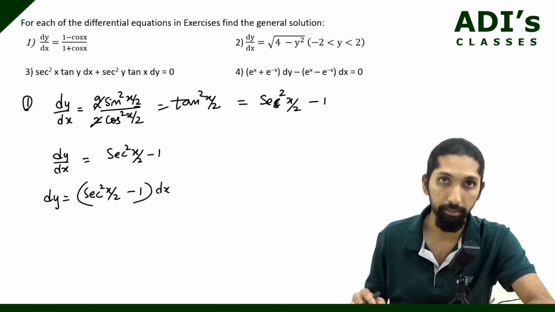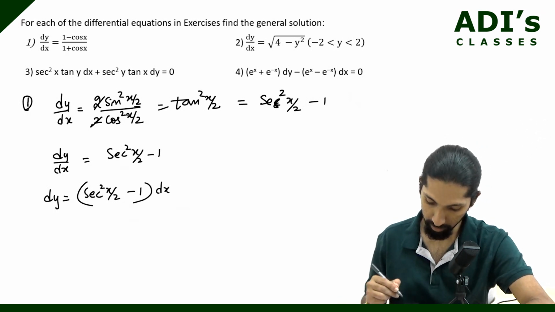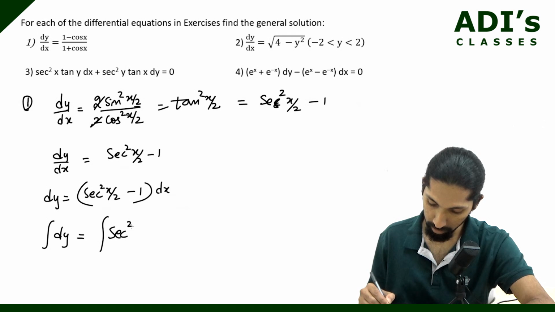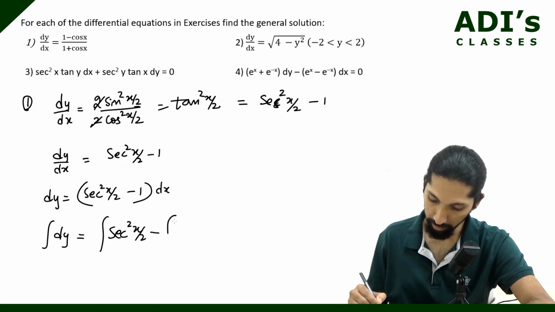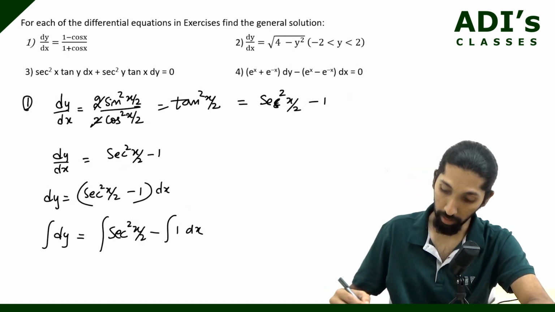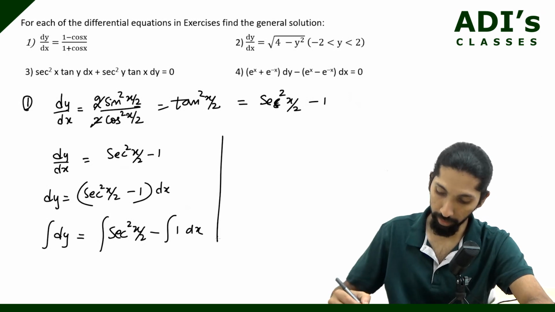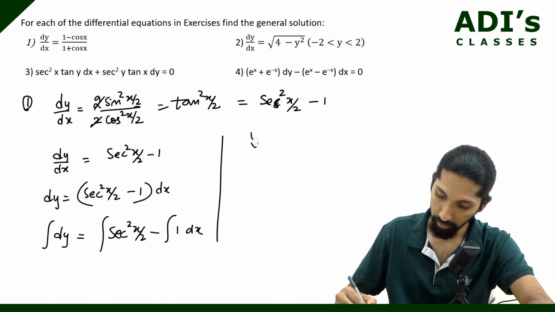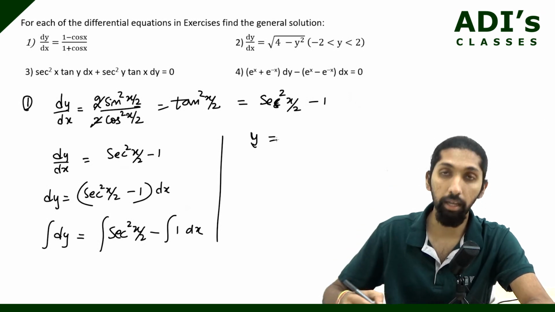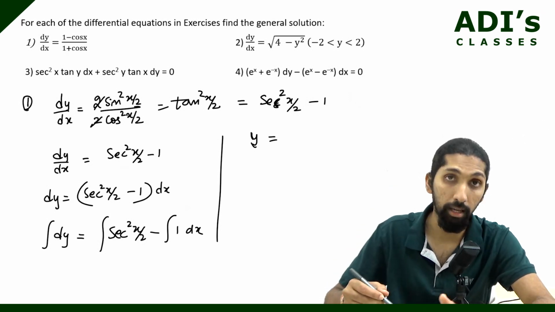Now we integrate. Alright, so that means integral of dy is equal to integral of secant square x by 2 minus integral of 1 dx. Of course, dx is there for secant square x by 2 also. So the LHS is going to become y, is equal to, secant square theta integrates to tan theta.